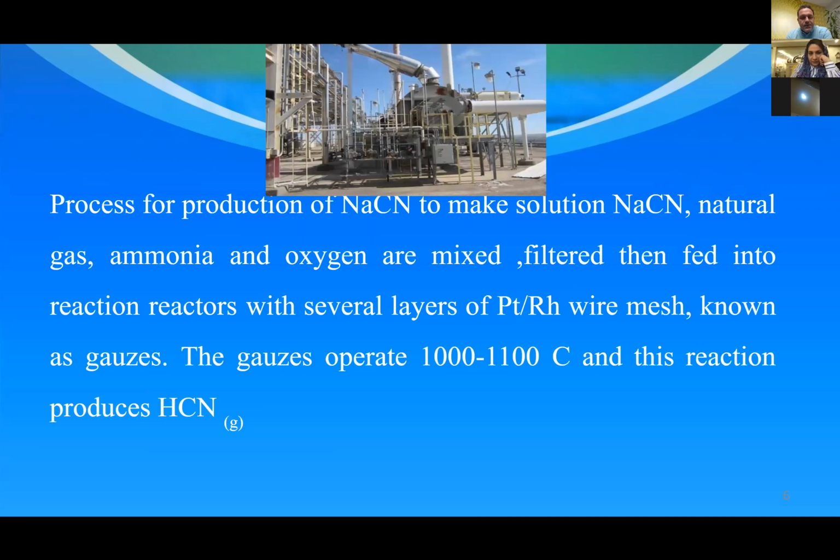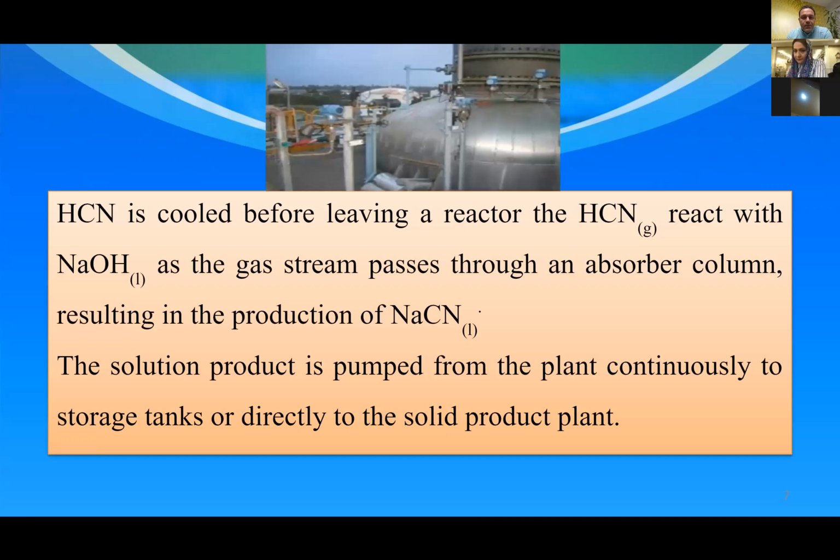The gases operate at 1000 to 1100 degrees centigrade, and this reaction produces HCN in gas form. HCN is cooled before leaving the reactor. The HCN reacts with NaOH as the gas stream passes through an absorber column, resulting in the production of NaCN as liquid.